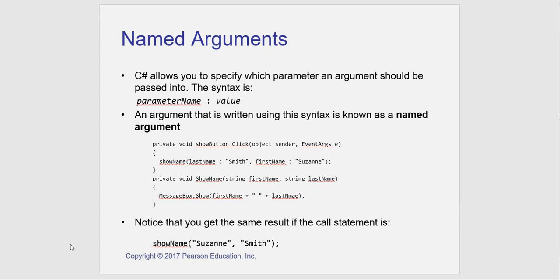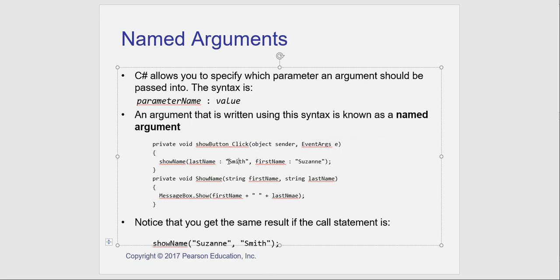All right, let's have a look at named arguments. Named arguments are simply passing arguments into a method, into the method's parameters, and putting a label, in a sense, a name to that argument. So in an example up here, if I was to click the show button and I activate my method that I've got here called show the name, I can pass Smith and I could pass Susan.